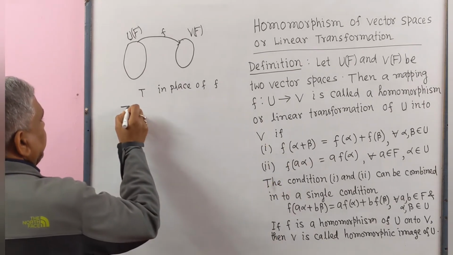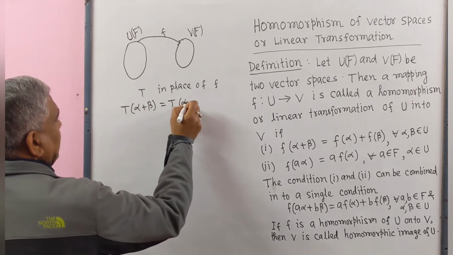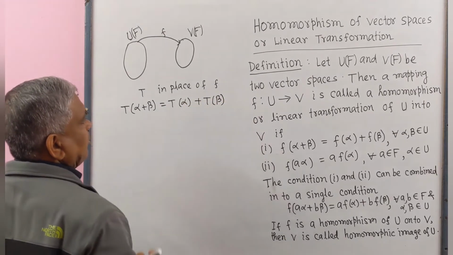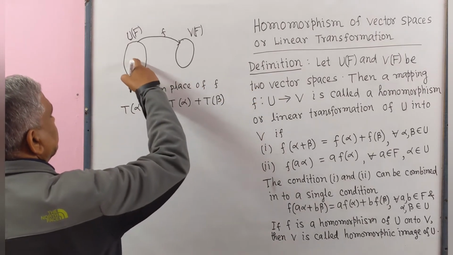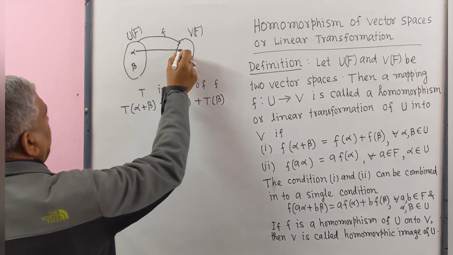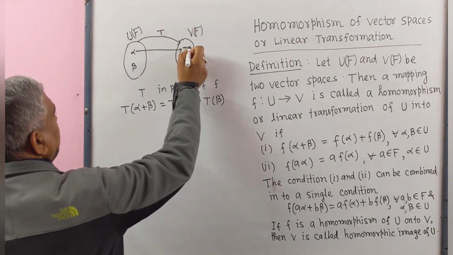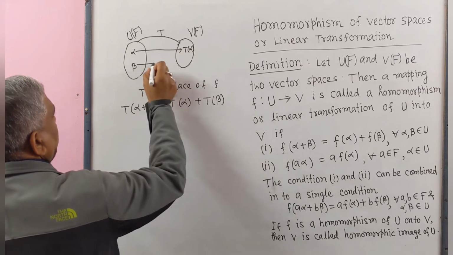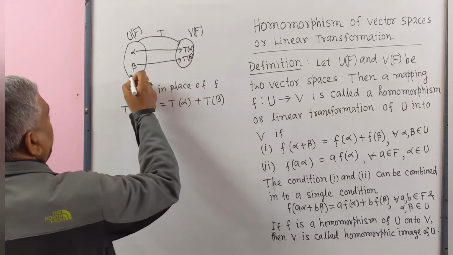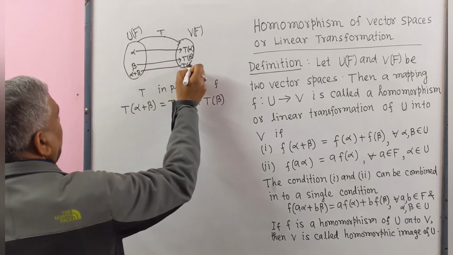In that condition, we write T(alpha plus beta) equals T(alpha) plus T(beta) for all alpha, beta belonging to U. Here in place of F, if we write T, for alpha we get the image T(alpha), for beta the image is T(beta), and for alpha plus beta the image is T(alpha plus beta).